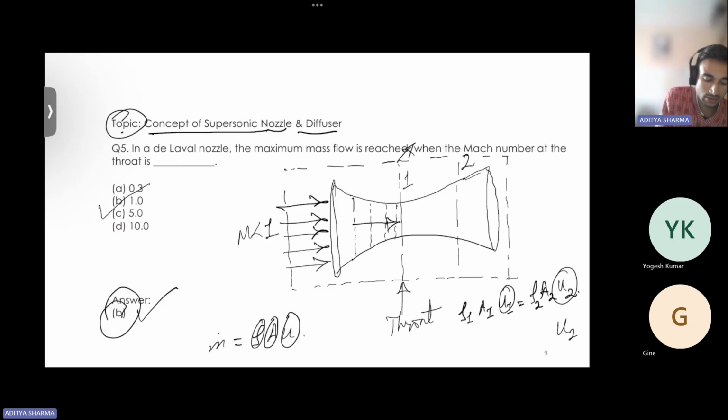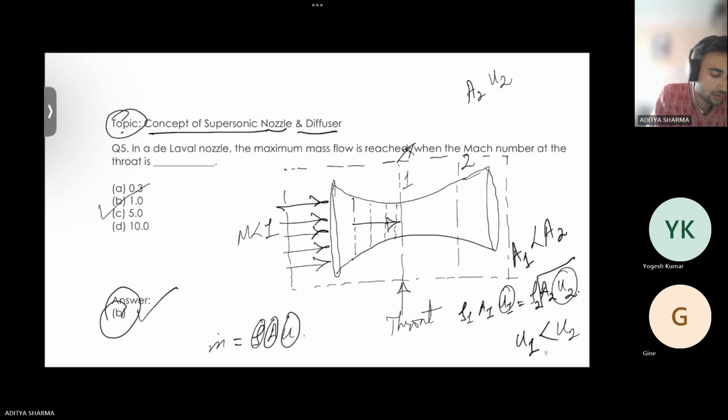Maybe let's say this u2 is greater than u1, and let us say a2 is greater than a1, all right? So these two terms, a2 and u2, combined, compared with u1 and a1.